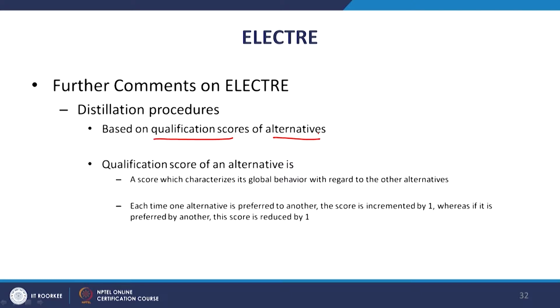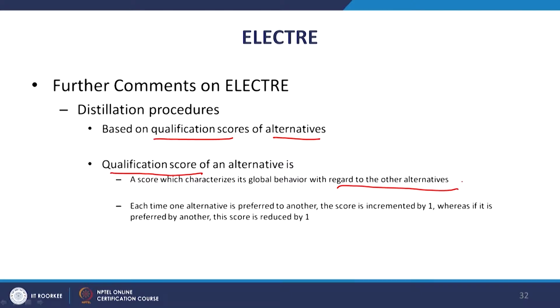Of course they are going to be part of this calculation in the second stage. So you would expect that the qualification score has something to do with our previous computation. The qualification score of an alternative is defined as a score which characterizes its global behavior with regard to other alternatives.